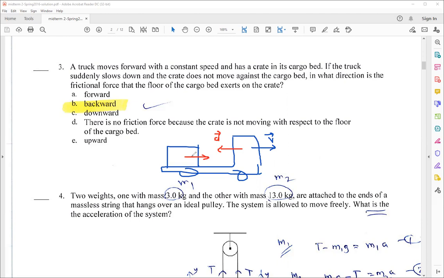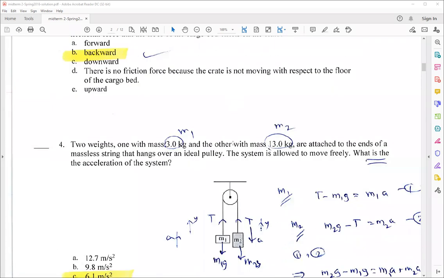Of course, to prevent the forward movement of the crate, I need a force to oppose that. So I need a force that will go against it, which will be the direction of friction, which is backward here. So the correct answer is that the friction is pointing backward. Great, so this is question 3.